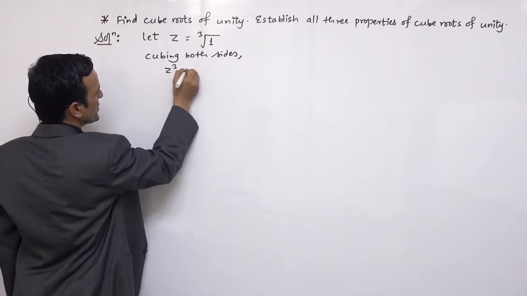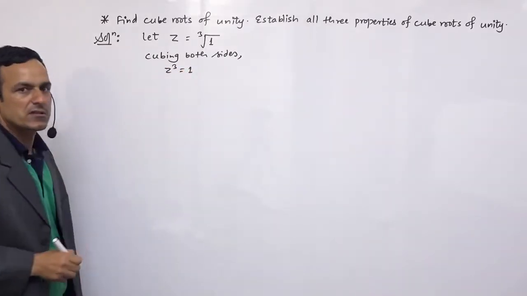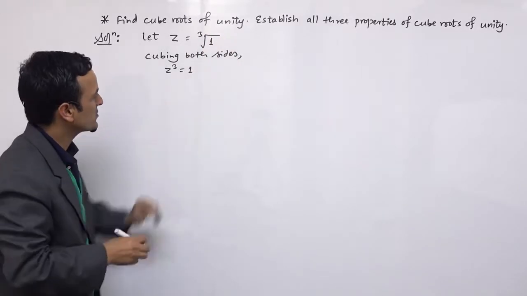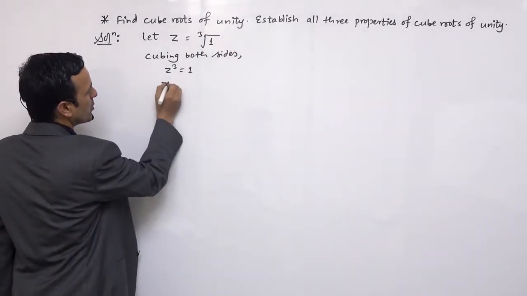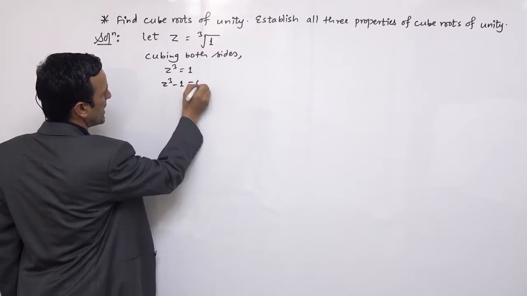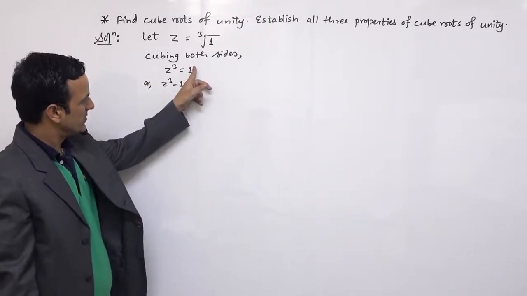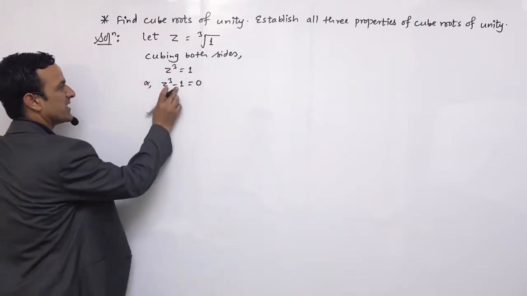Z cube is equal to 1. दुवैतिर क्यूबिङ गर्दाखेरि यो क्यूब रुट र क्यूब क्यान्सल हुन्छ. So we get 1. So Z cube minus 1 is equal to 0. If you transpose this over here, then it will be this.